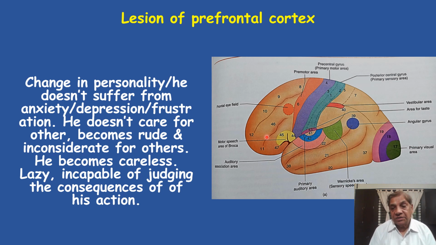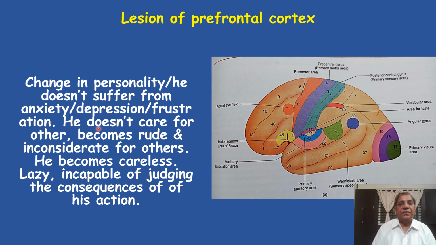This surgery, called frontal lobectomy, was very common in the beginning of the 20th century, because it was thought that if you cut the prefrontal cortex, the person's psychological disease would be cured. So after the destruction of the prefrontal area, there is a change in the personality, because personality depends on the prefrontal cortex.